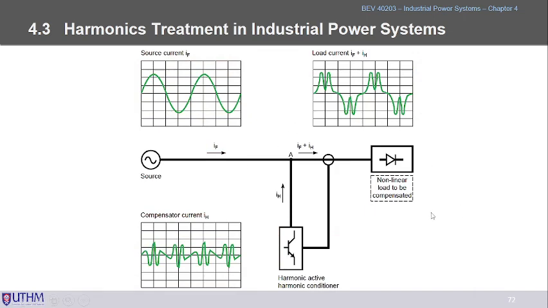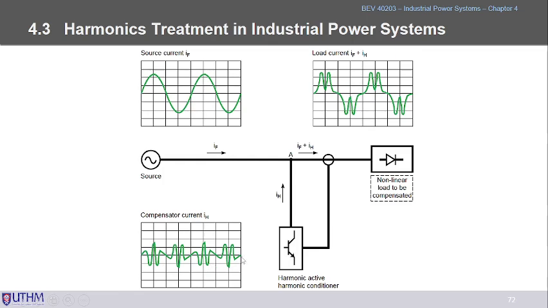And then if you have a simple industrial power system here, you have the source current, and the source current is very nice. It is a sinusoidal waveform, and then you have the compensator current, which comes from the so-called active filter.